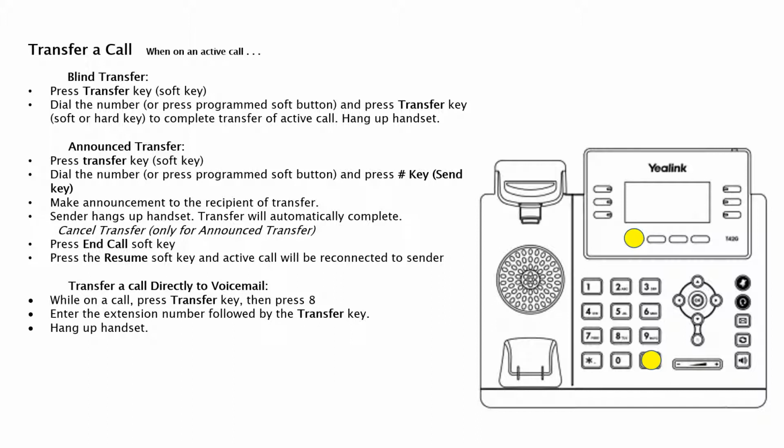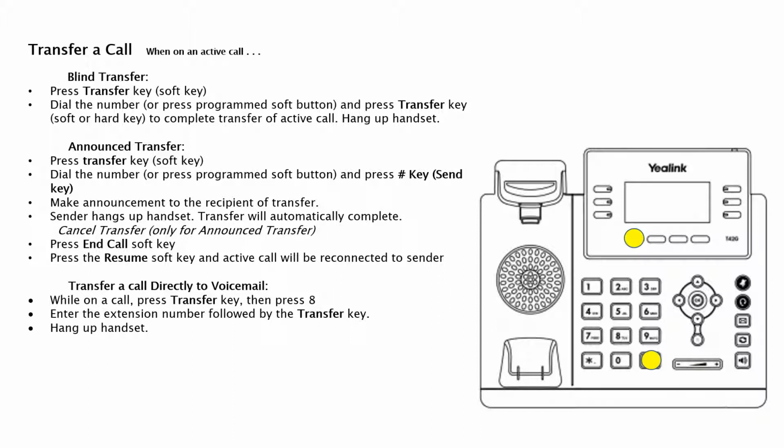So I'll repeat that. If you want to transfer and announce the call, you would hit transfer, the extension number, and then the send key. The person answers. You let them know who is calling. If they want to take the call, you can hit transfer again and hang up, and you're done.